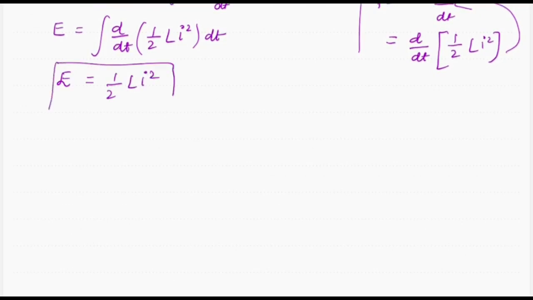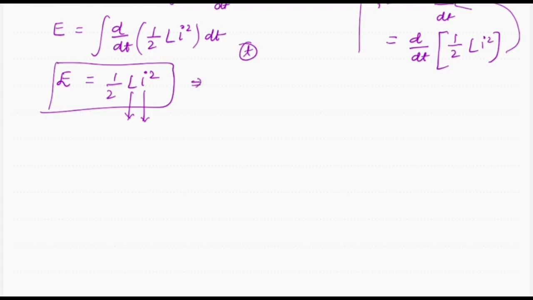This is the value of energy stored in an inductor having a value of L, where i is the value of the current flowing through this inductor at any specific time t.